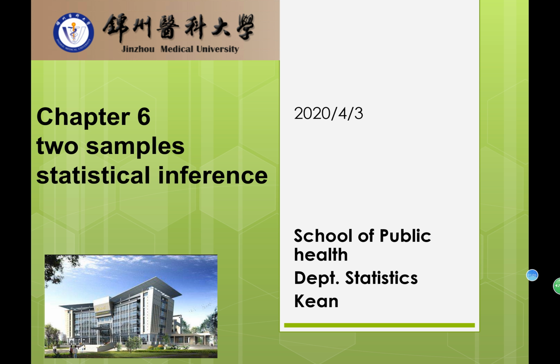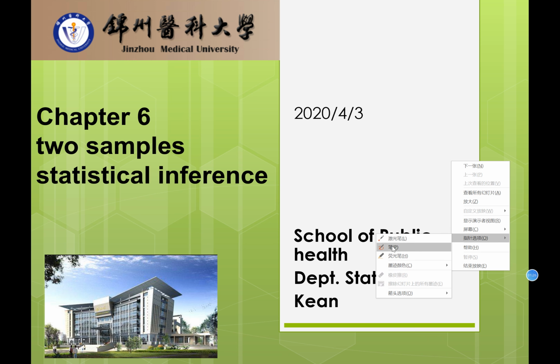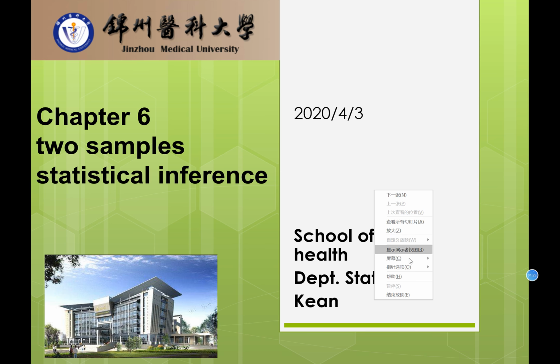In Chapter 5, we have learned some methods used for one sample statistical inference. So, at first, let's review what we have learned in Chapter 5. In Chapter 5, the methods of statistical inference were based on one sample.